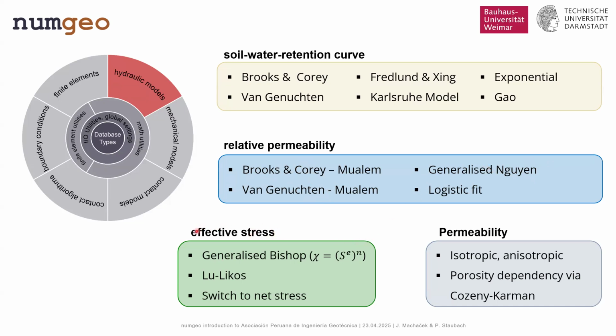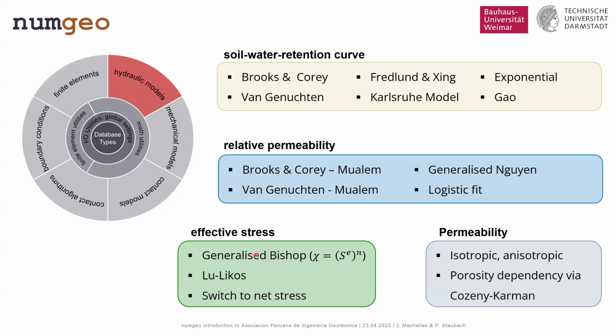Once your soil is partially saturated, you will have to choose a way to calculate the effective stress. The most widely used one is generalized Bishop effective stress, where the Bishop parameter, which scales the contribution of the suction to the effective stress, is set equal to the effective degree of saturation. This is, for example, the model that is also implemented in Plaxis or in SetSoil.